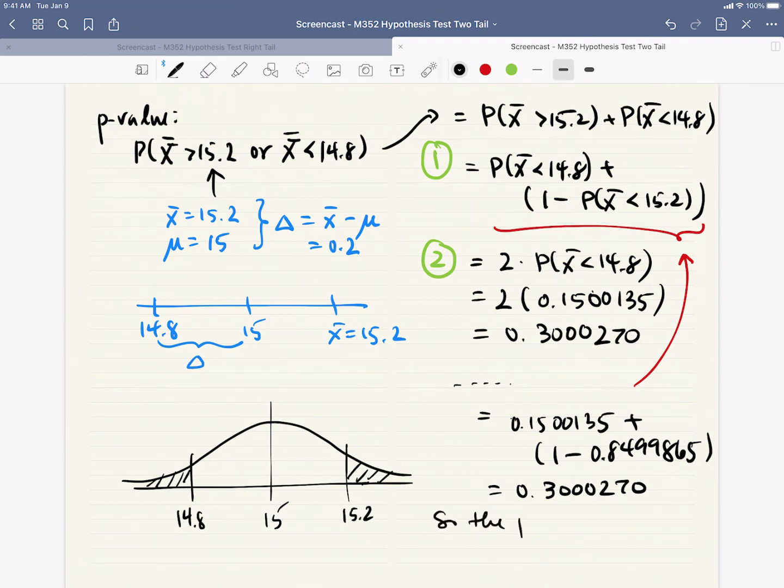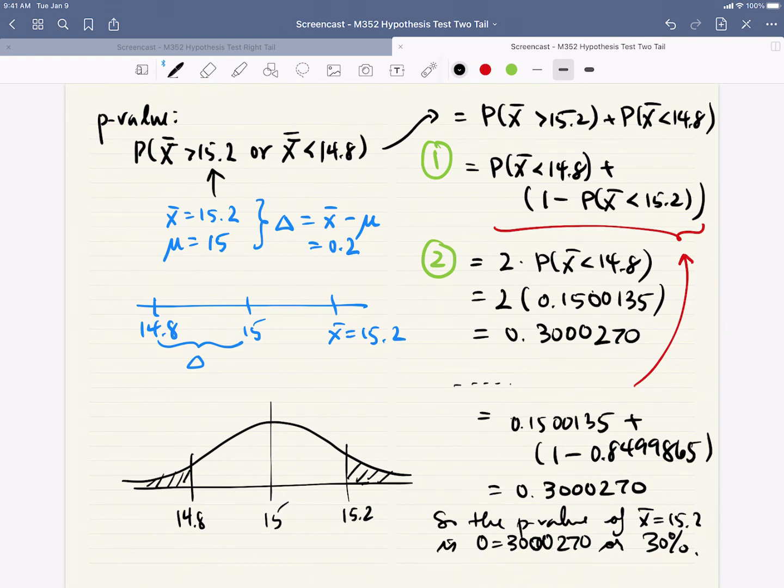So the p-value of x bar equals 15.2 is 0.300270, or about 30%. This is a very big p-value. The area in these tails is pretty big.